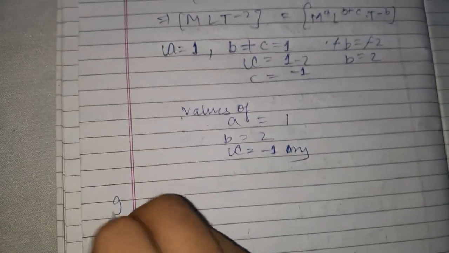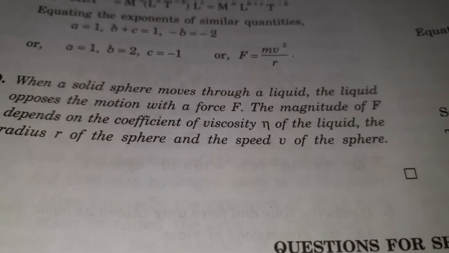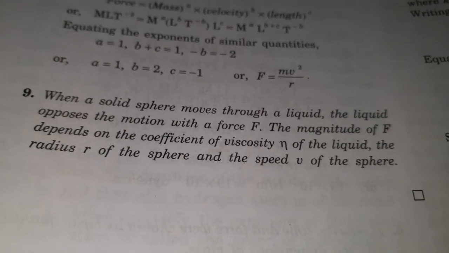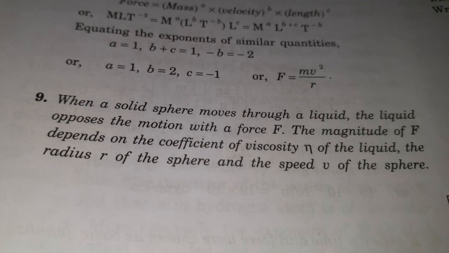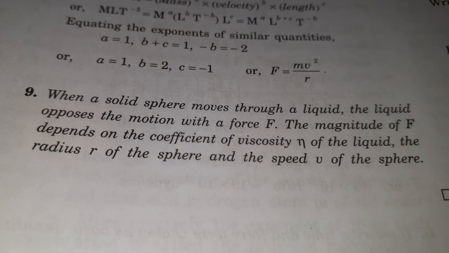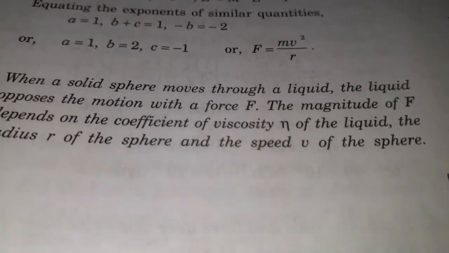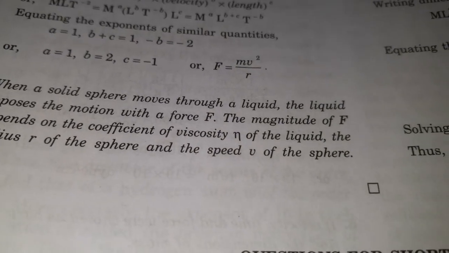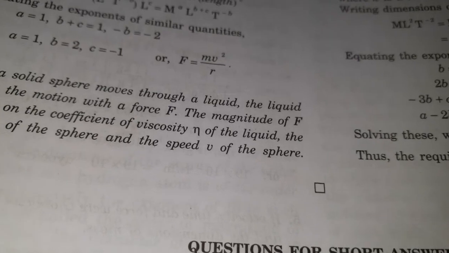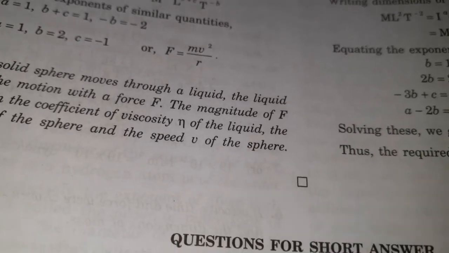We will move on to the 9th question, where the question is: when a solid sphere moves through a liquid, the liquid opposes the motion with a force. The magnitude of the force depends on the coefficient of viscosity. So we let the force be directly proportional to the coefficient of viscosity of the liquid, the radius r to the power b, and the speed of the sphere to the power c.